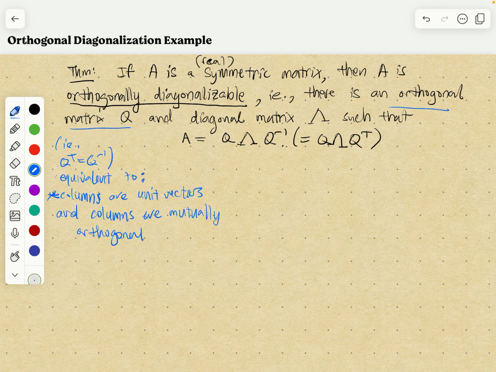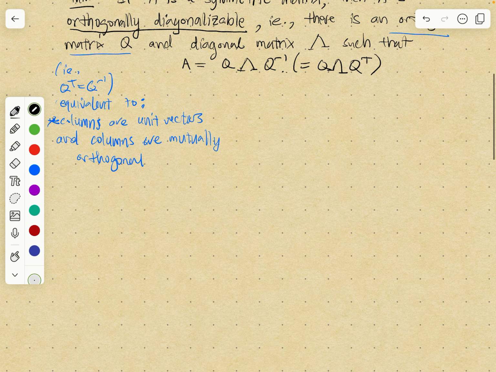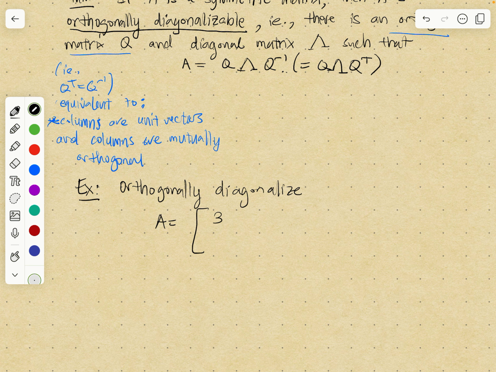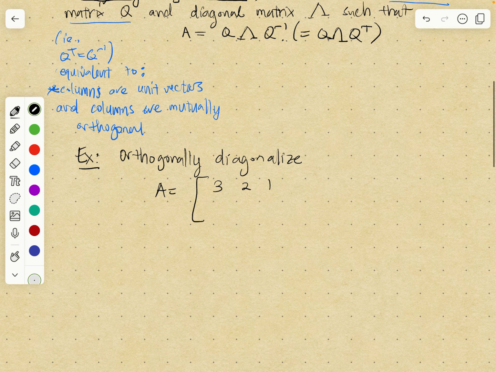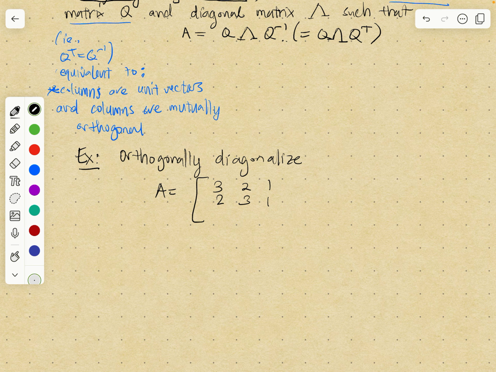All right, let's do an example of coming up with an orthogonal diagonalization. In this example, I designed it to be relatively easy. So orthogonally diagonalize the matrix A, whose rows are 3, 2, 1; 2, 3, 1; and 1, 1, 4.